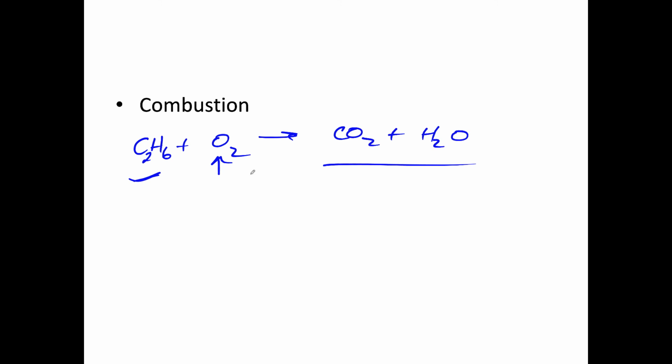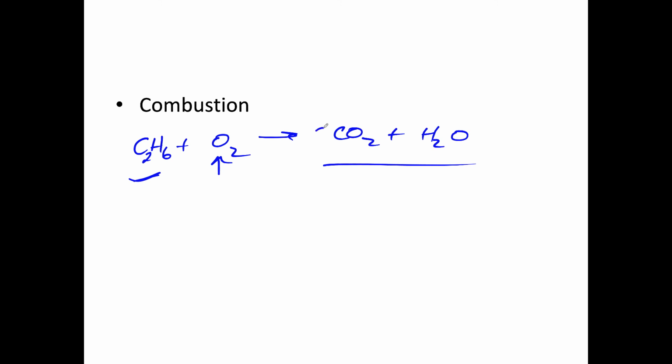Combustion is our last one. This goes C2H6 plus O2 yields CO2 plus H2O. So we're always having something burning. It always has oxygen. Here we have carbon and hydrogen. So if you see these 2 together, you're going to get some number of this.